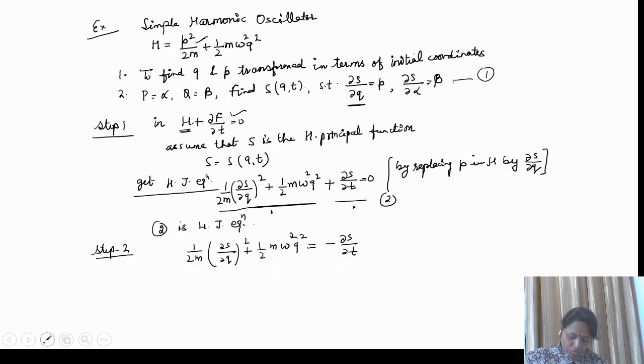So I assume, let 1 upon 2m (∂S/∂q) squared plus half m omega squared q squared is equal to alpha.